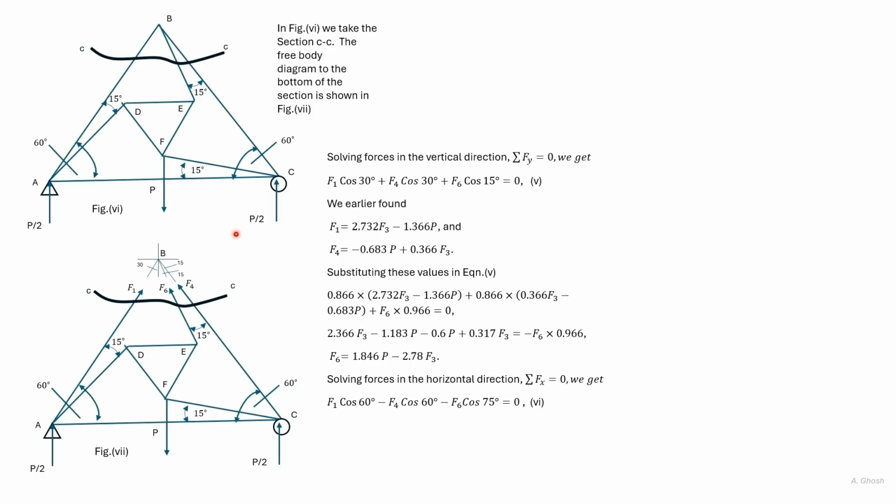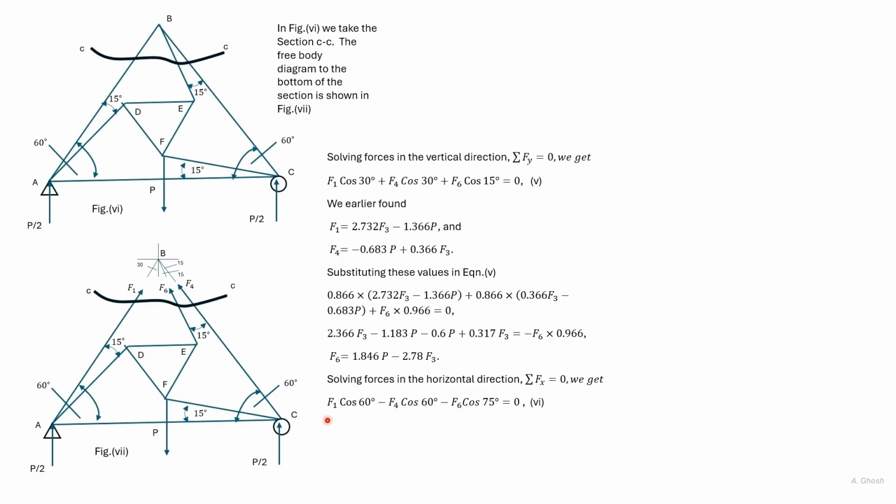We then resolve forces in the horizontal direction. Then F1 cos 60 minus F4 cos 60 minus F6 cos 75 is equal to 0.